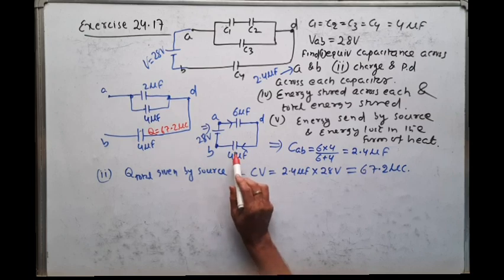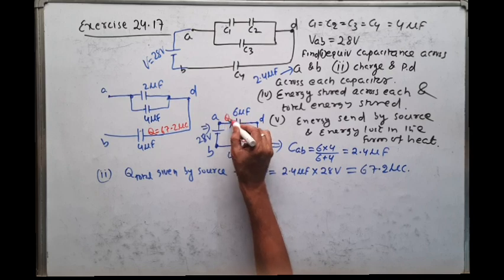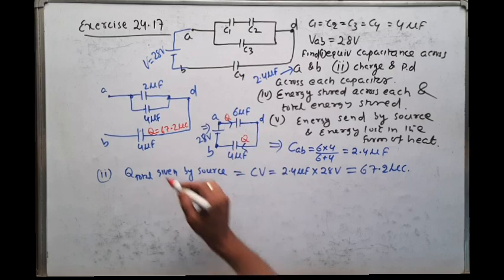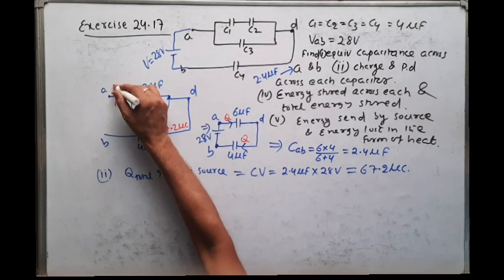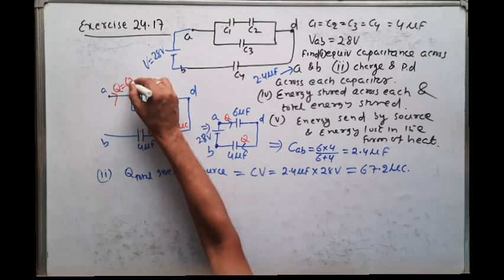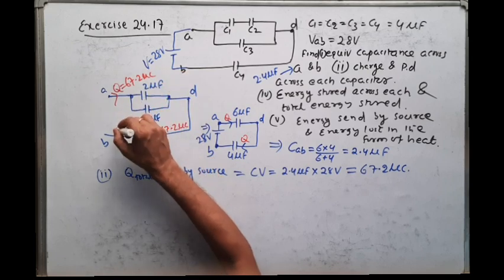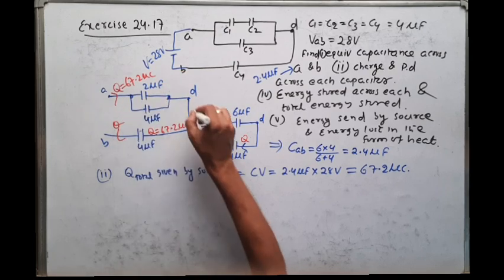This is the charge. Okay. And the same charge is flowing through 6 microfarad. That means this battery will give Q, total charge, equal to how much? 67.2 microcoulomb to this combination.